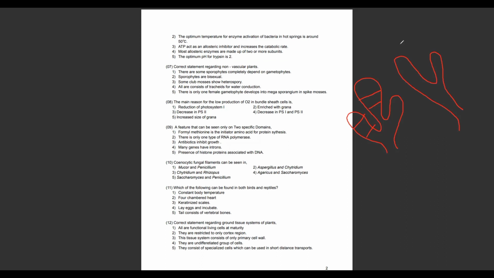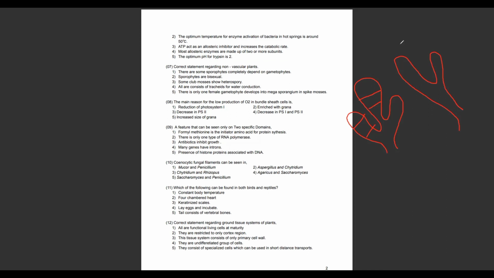For Chytridiomycota, examples are Chytridium and Allomyces. Zygomycota examples are Mucor and Rhizopus. Now here, in the third answer, they have given Chytridium and Rhizopus. Chytridium belongs to phylum Chytridiomycota and Rhizopus belongs to phylum Zygomycota. So both contain sinusoidal fungal filaments. So for the 10th question, the answer should be the third answer.